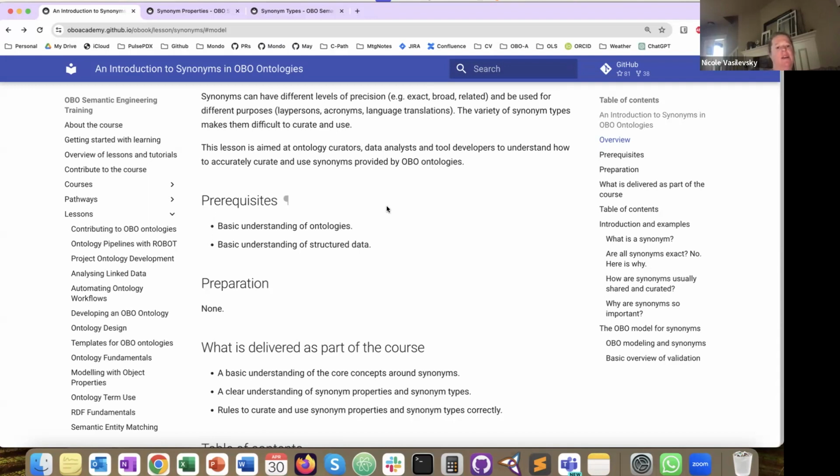You've also probably seen a lot of usage of acronyms in the ontologies, where if a term is either abbreviated or is given an acronym, it's specifically tagged in such a way. And also for language translations.